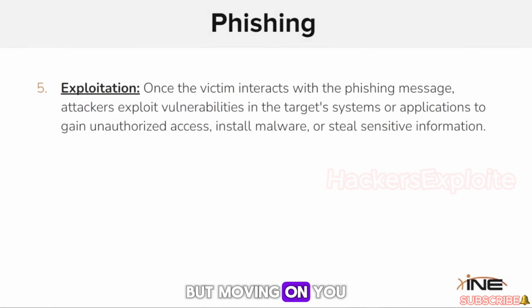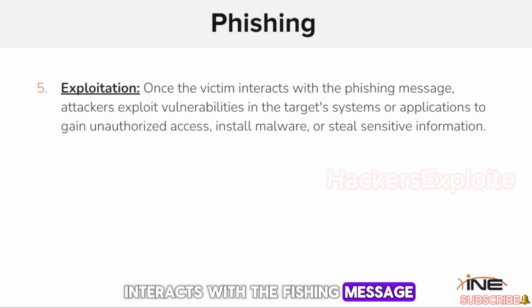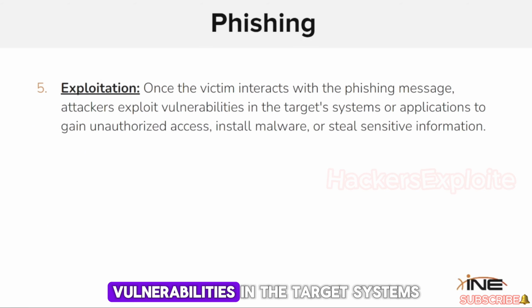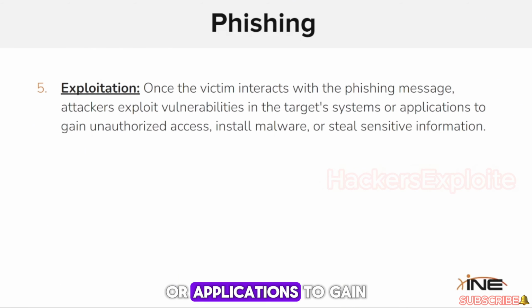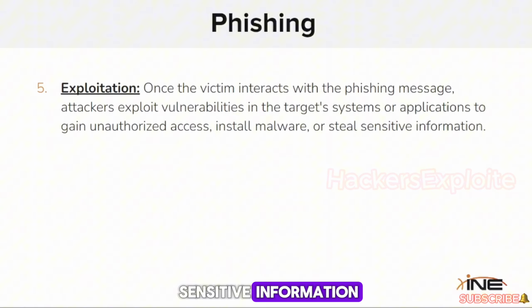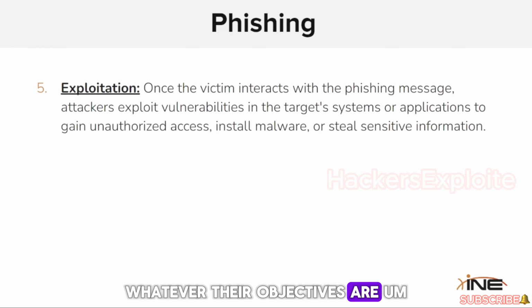But moving on, you then have the exploitation phase. So this is fairly self-explanatory. Once the victim interacts with the phishing message, attackers exploit vulnerabilities in the target systems or applications to gain unauthorized access, install malware, or steal sensitive information, whatever their objectives are.